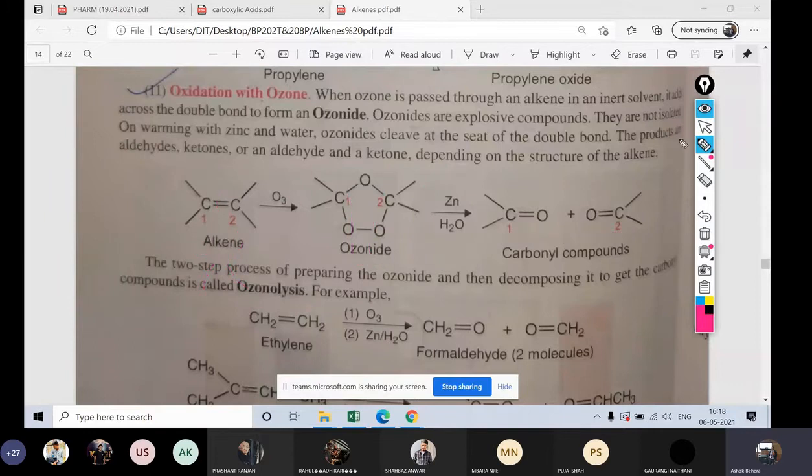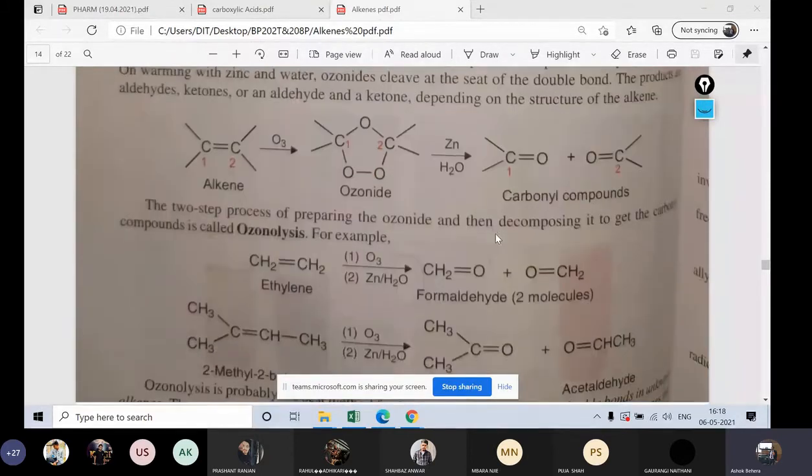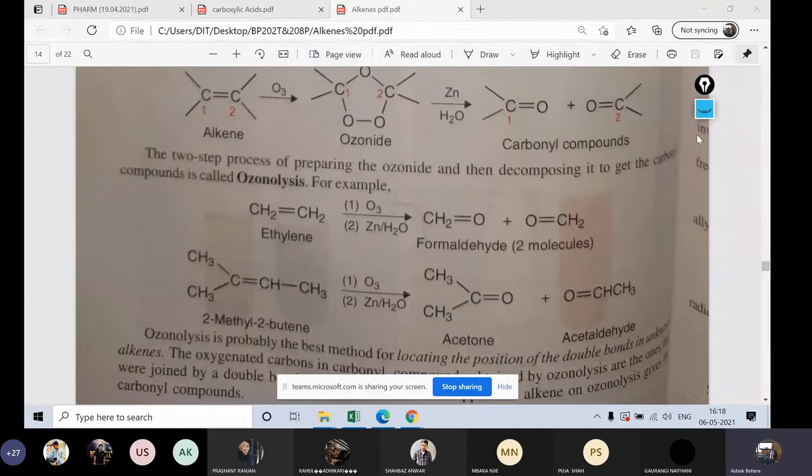Ozonolysis. Please remember. See, this product: ethylene upon ozonolysis, formaldehyde is formed, right? Like this 2-methyl-2-butene upon ozonolysis, one is ketone, another one is your aldehyde, right?